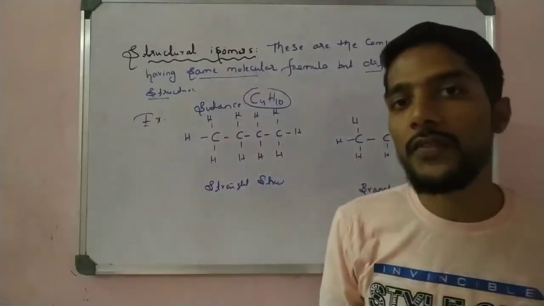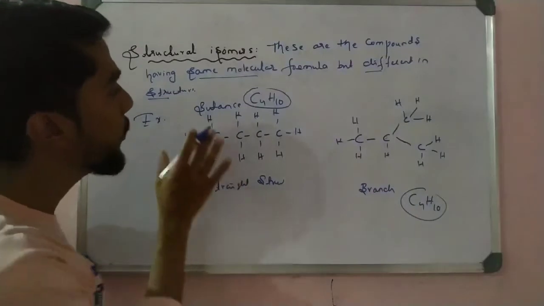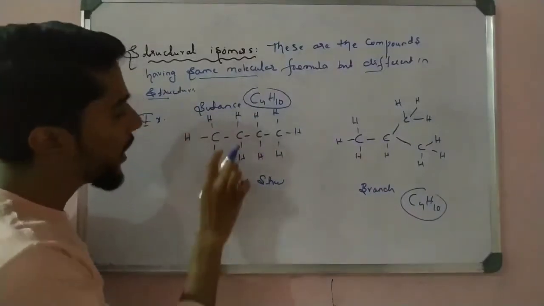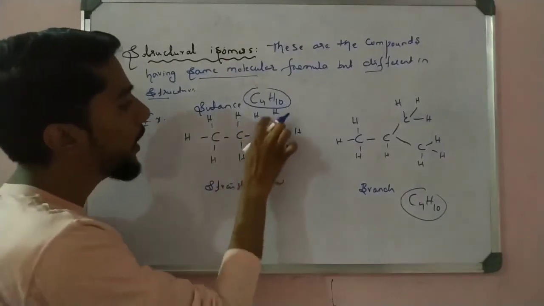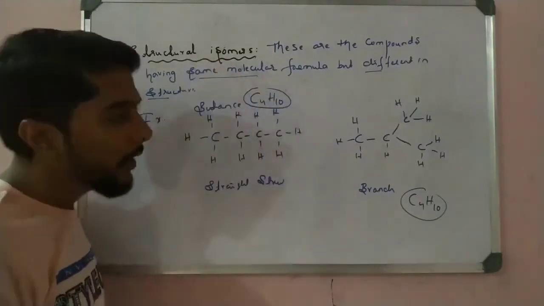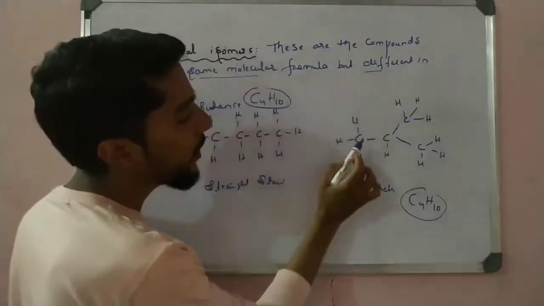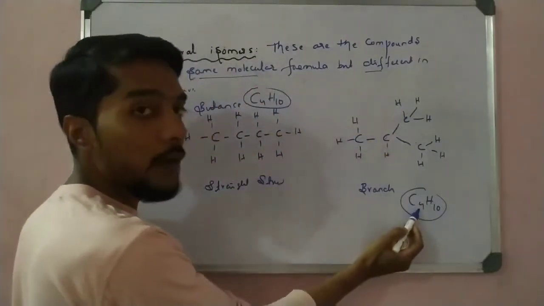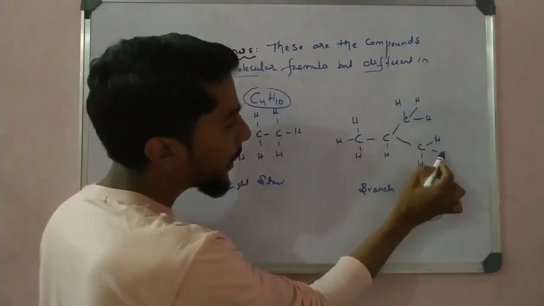Such compounds are called structural isomers. This is the structure of butane, with 4 carbons and 10 hydrogens.